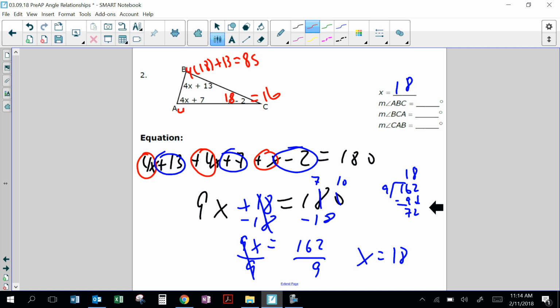And then 4, replace the x with 18. 4 groups of 18 is 72 plus 7. 79. So if I did it correctly, all three numbers should add up to 180 degrees.